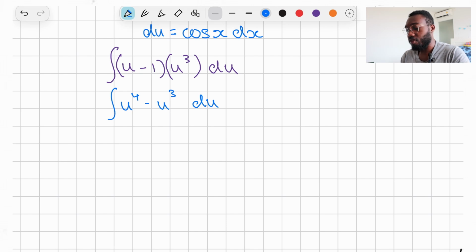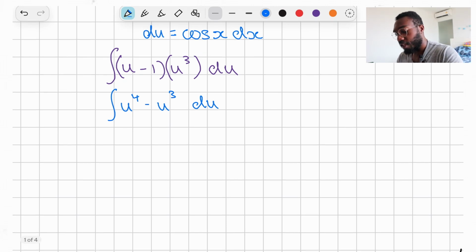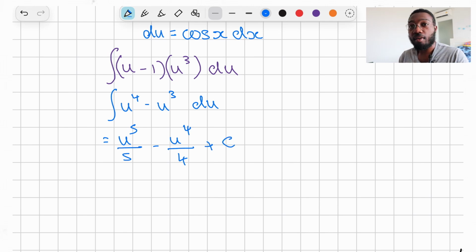And then we can just integrate this as normal. If we integrate this, we get u to the power 5 over 5 minus u to the power 4 over 4, plus c. Now what we can do is put back in our original values for u. We had u was equal to 1 plus sine x.